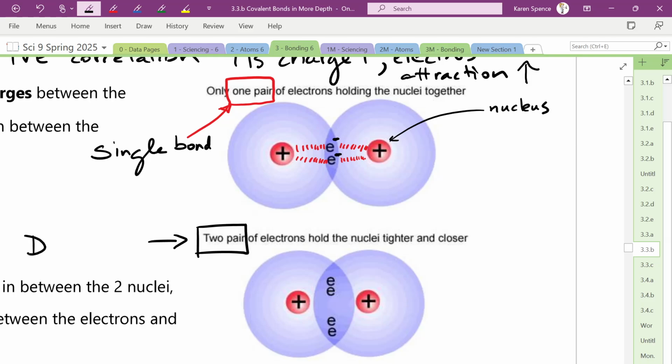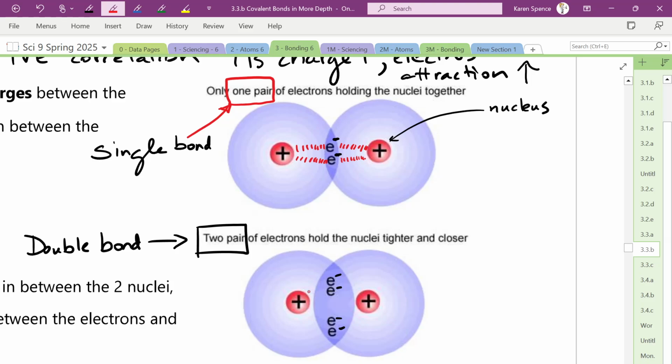Double bond. And you can see we have 4 electrons in here. Each of them has a negative charge. So it's like instead of having 2 magnets sticking these things together, we have 4 magnets sticking them together. Okay, because electrical force is very much like a magnetic force.